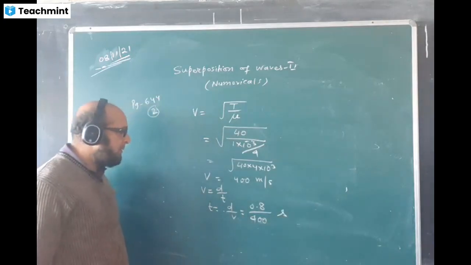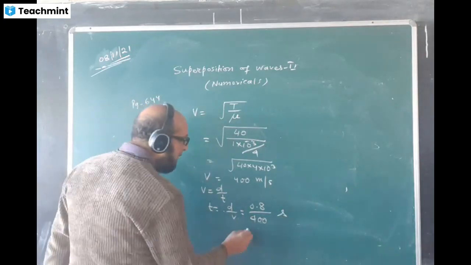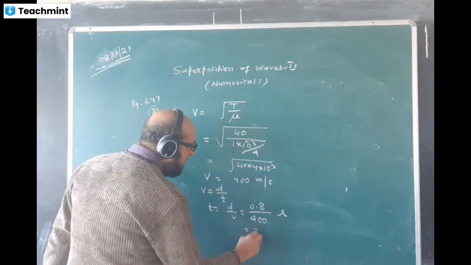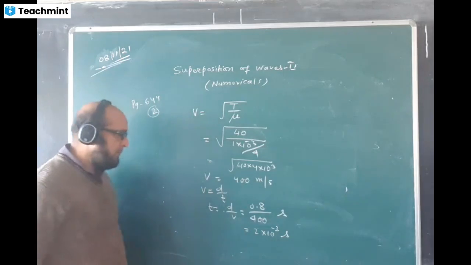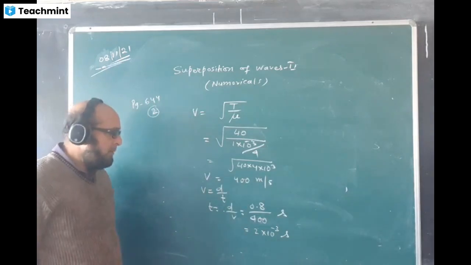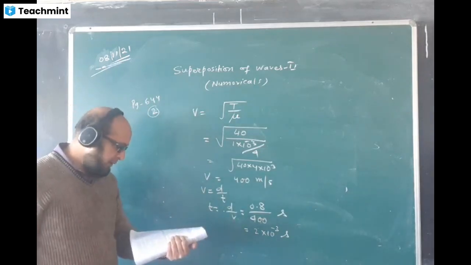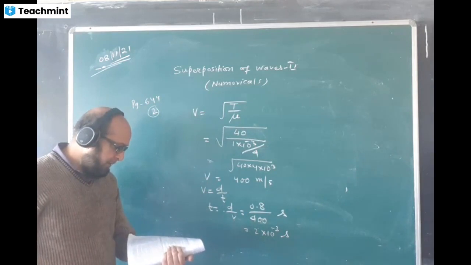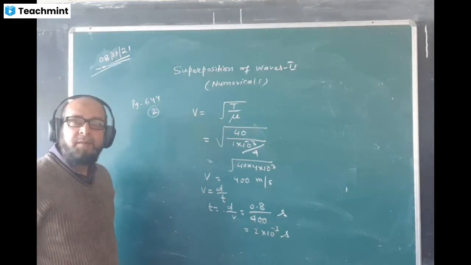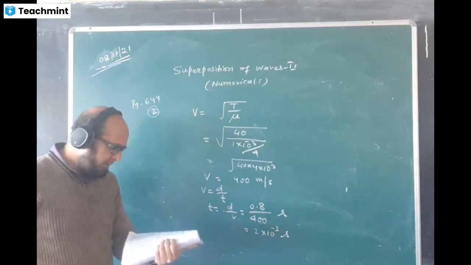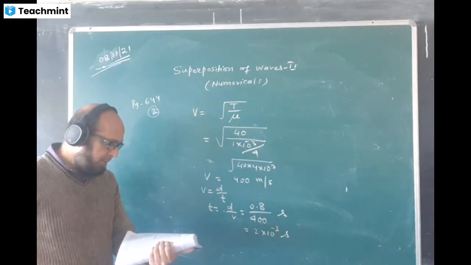Now, what is your answer? Answer will come 2 into 10 to the minus 3 seconds. This is the value of time. Okay, I think the answer is given wrong over here. You can correct it.